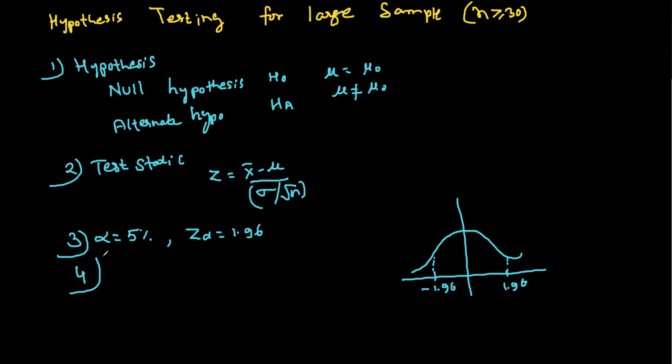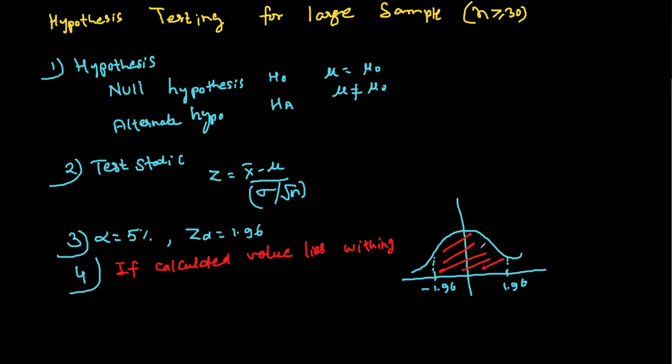If it lies, then you can say it is accepted, right? Yes. If the calculated value, meaning the value of this part, lies within this, it is called the critical region.